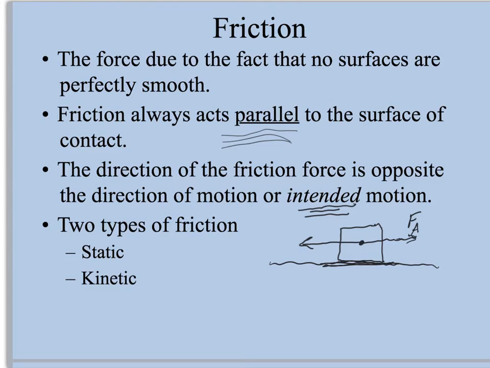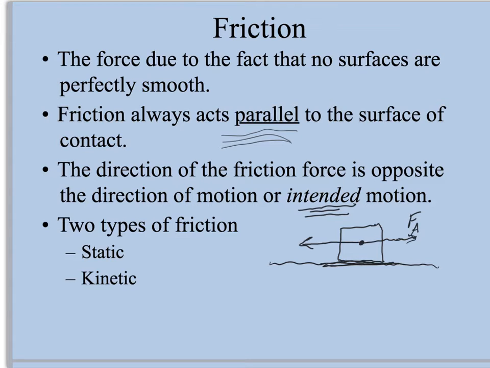Well, if I was trying to push on a very heavy object in one direction and I just couldn't get it to move, I'm still applying a force. There's still friction there. So if I'm trying to move it to the right, friction force is going to be going to the left, even if the object's not moving. So I'm intending to move the box, but it's so heavy I can't get it to move.